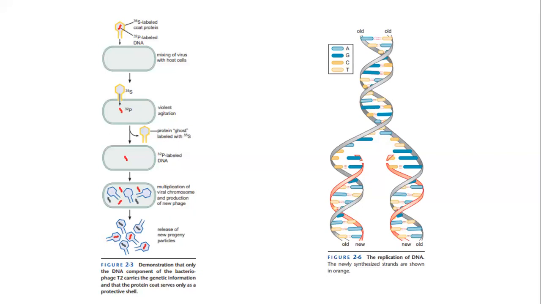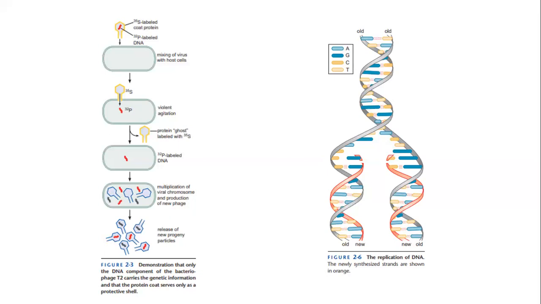And in 1952, a group of organic chemists showed that 3'5' phosphodiester bonds link together the nucleotides of DNA.